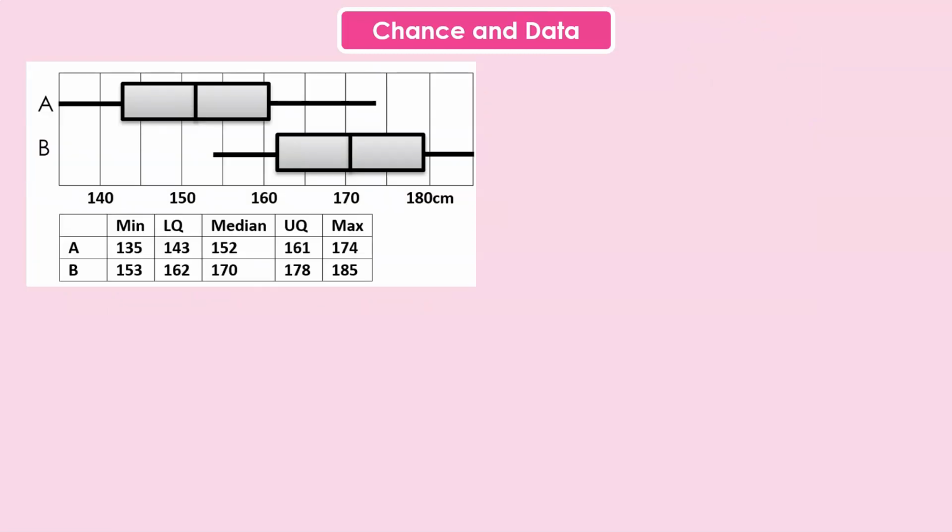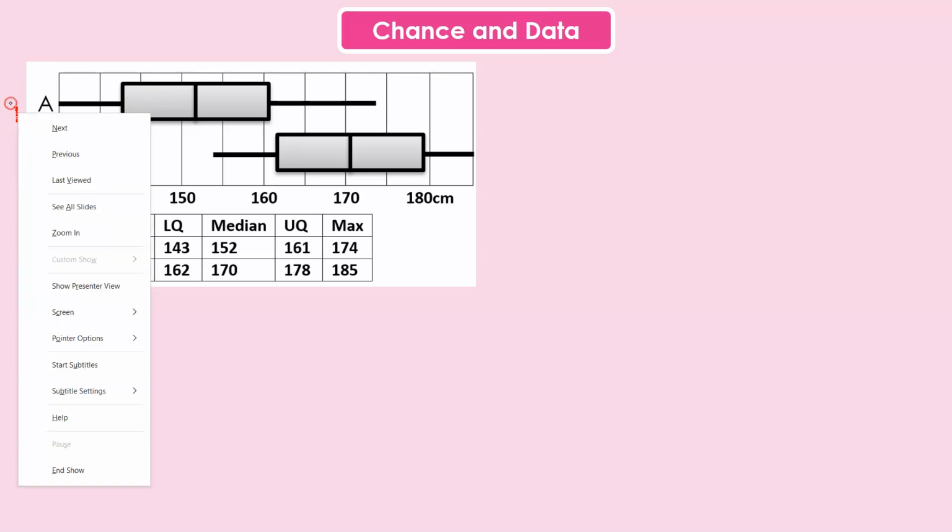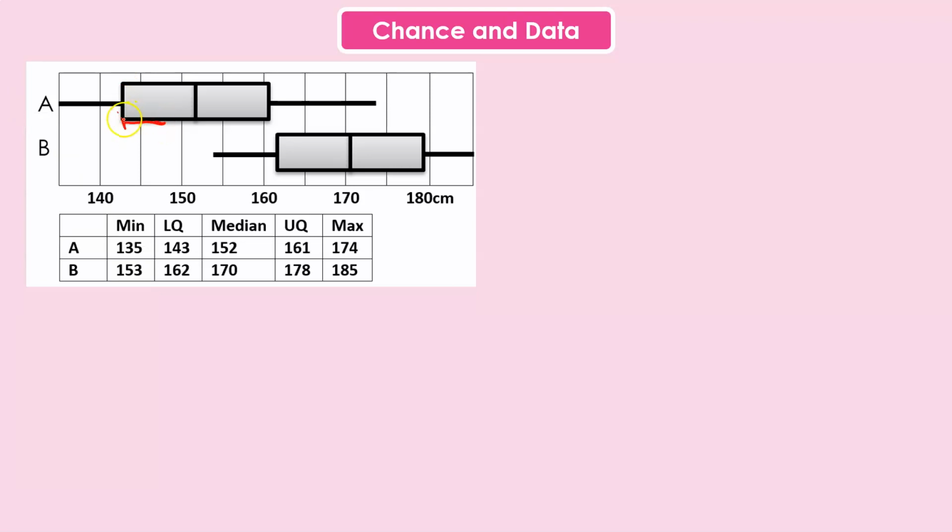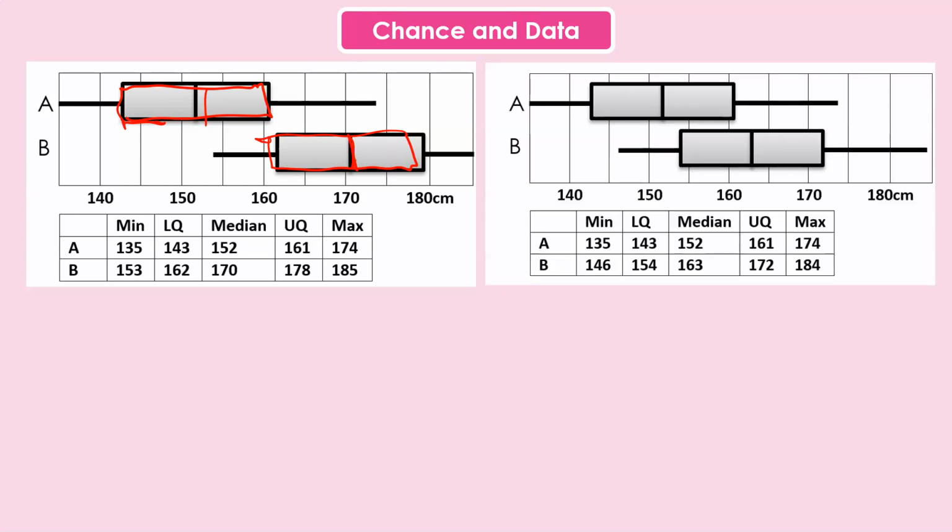So, different things we can look for: we are looking for where the boxes are in our box and whisker, or where the main body of the dot plot is. So you can see that there is no overlap between those. Then you could have a situation where you have two groups that overlap, but the median of one group is outside the box of another group.